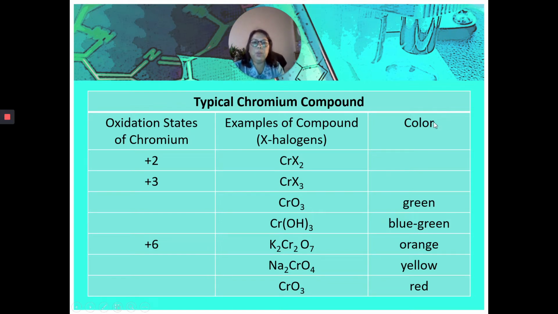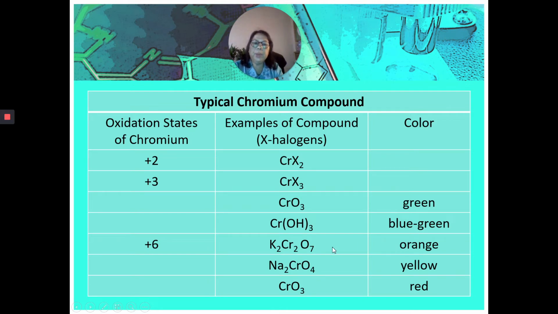Now, in terms of color, it does not mean that it is colorless here. It depends upon the halogen that they are working with. But chromium plus 3 working with oxygen, the color is green. For hydroxide, blue-green. Now for chromium plus 6, working as your potassium chromate, the color is orange.